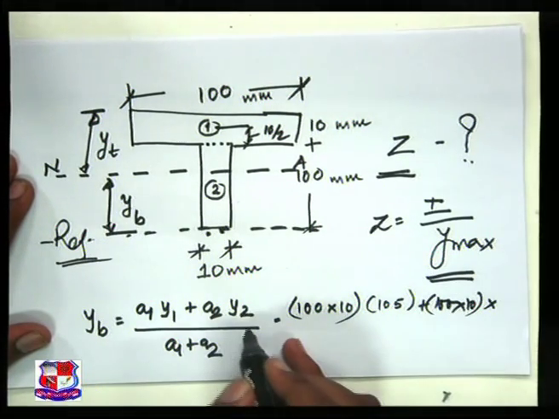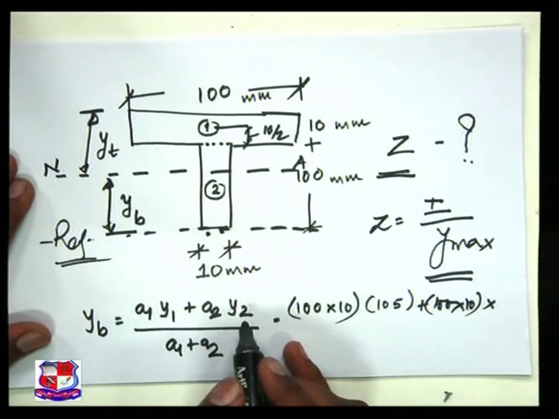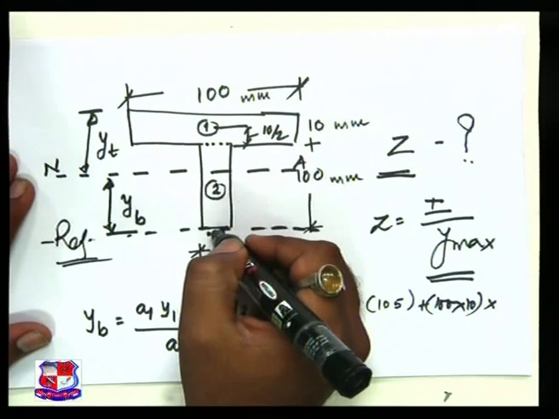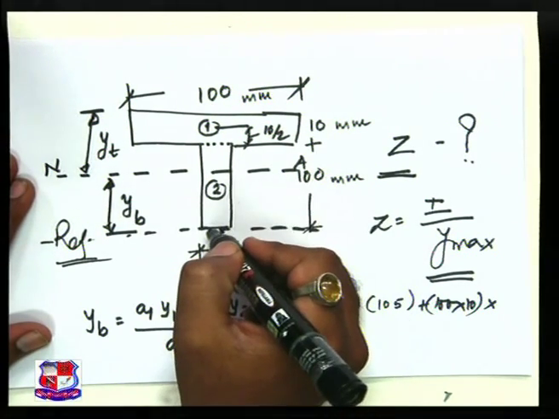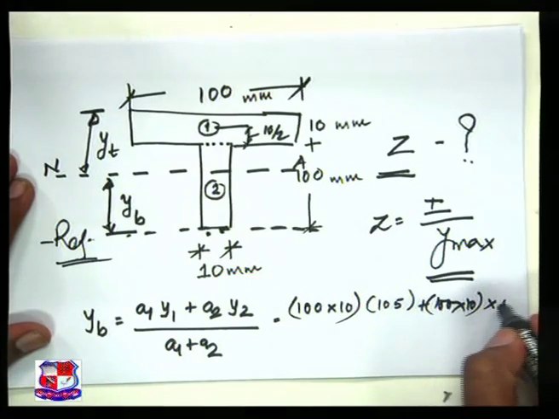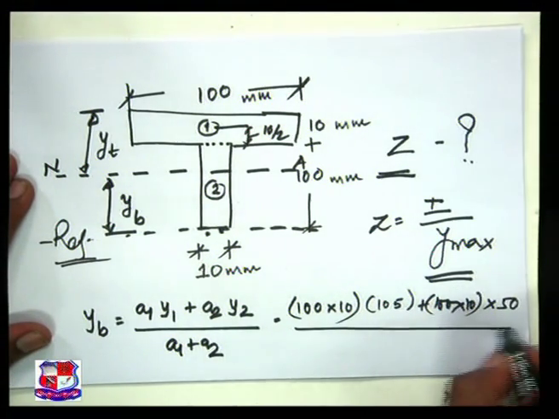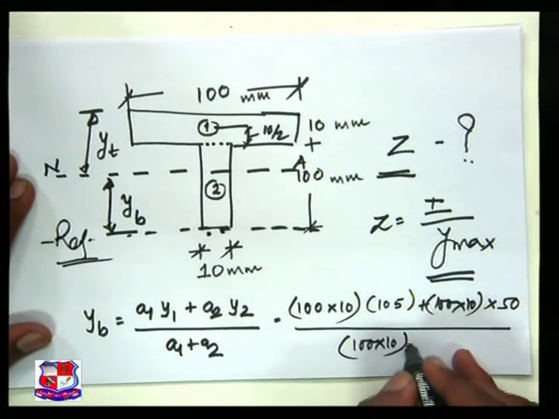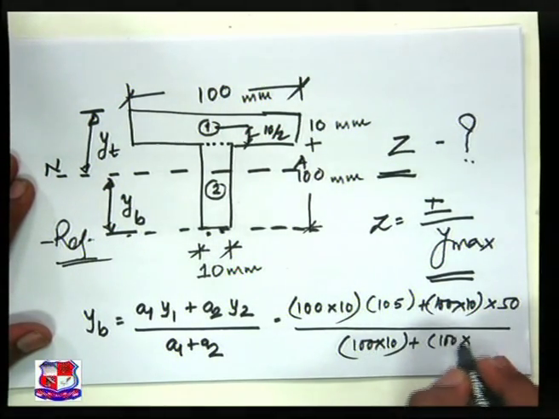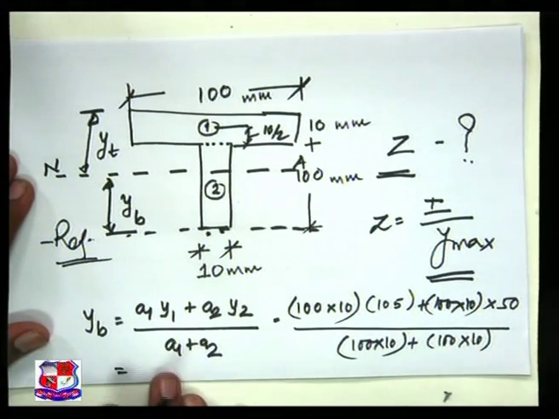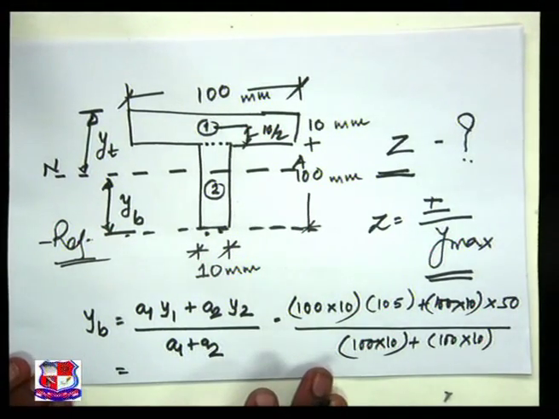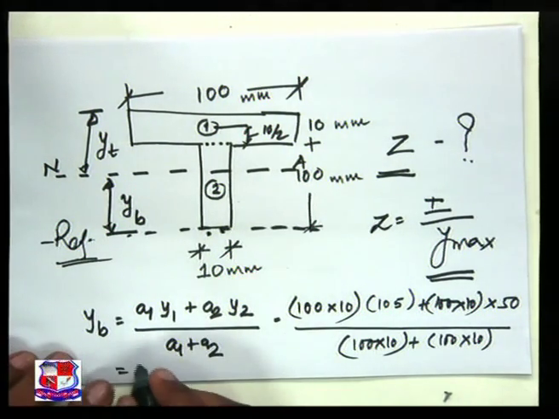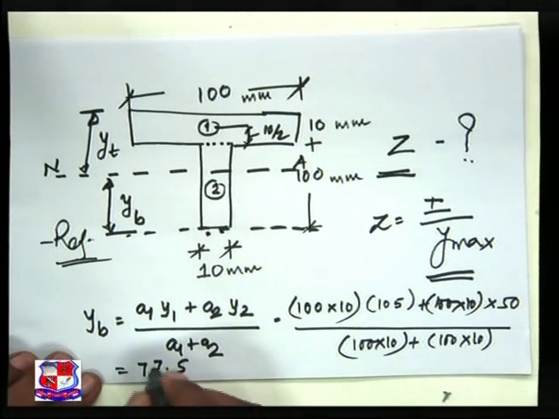Now multiply by y2. y2 is the distance from the CG of the second part to the bottom layer, that is 100 by 2, that is 50, divided by a1 plus a2, 100 into 10 plus 100 into 10. When you simplify this simple equation, we get yb as 77.5 mm.